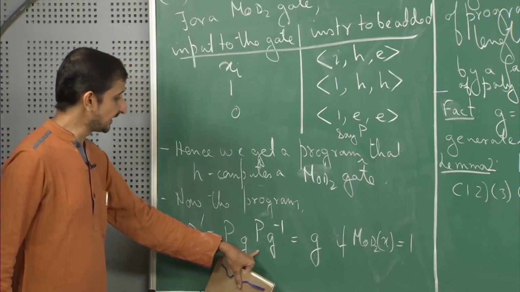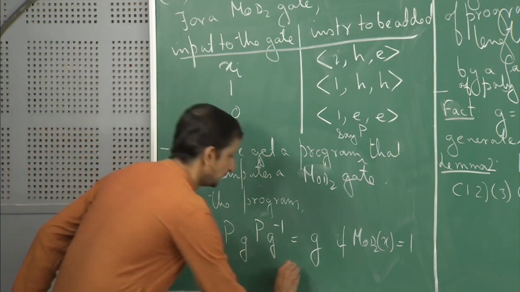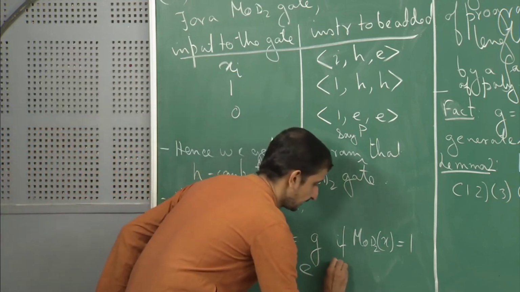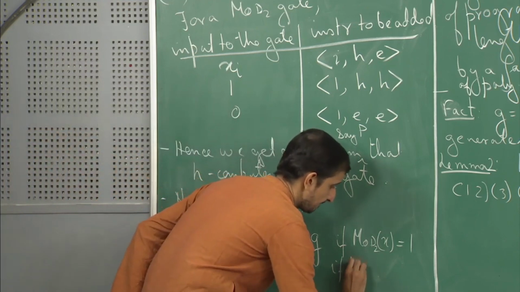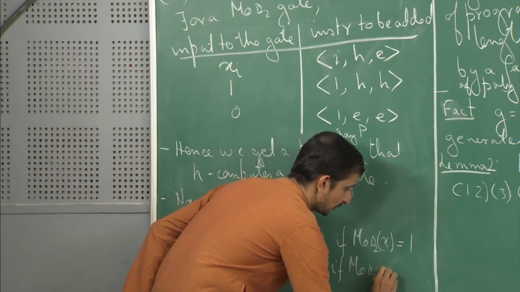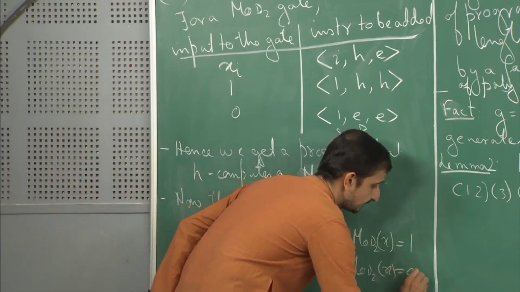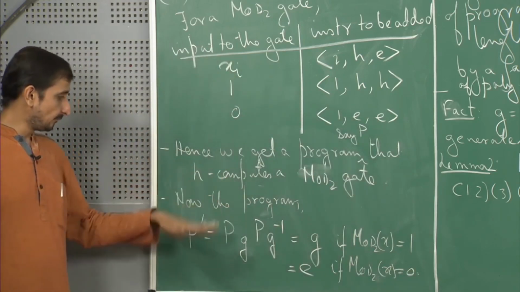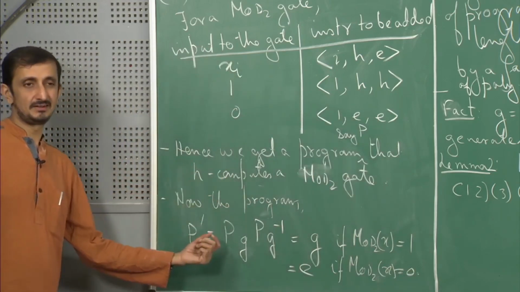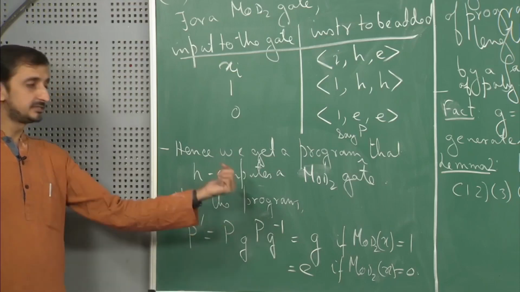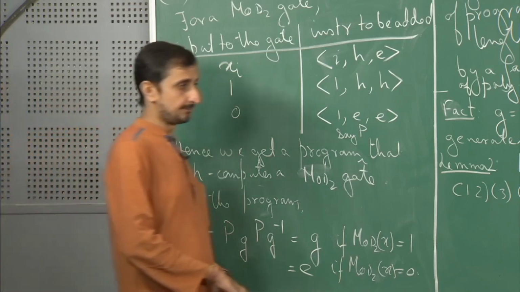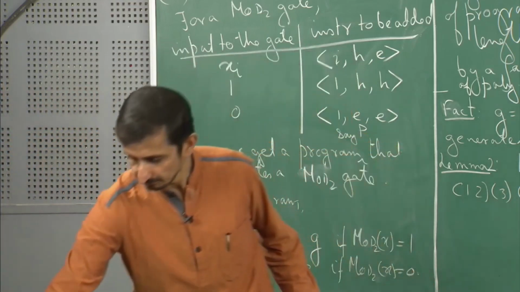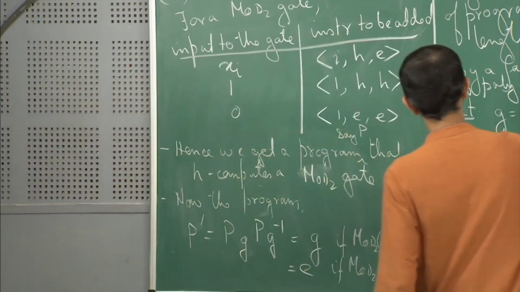So identity G inverse will be equal to E if mod 2 of x is equal to 0. So essentially what we are getting is, from P we get another program which is double the length, which is G computing the same gate, and that is what I need over here.